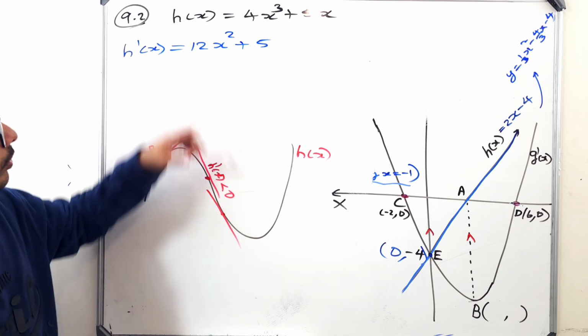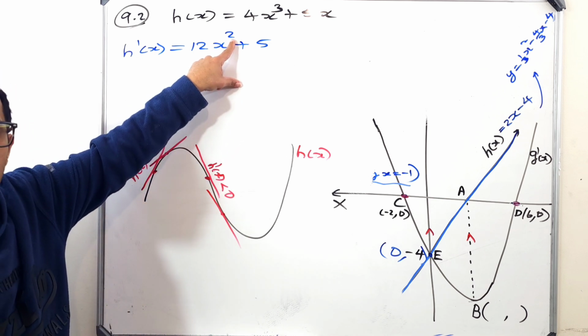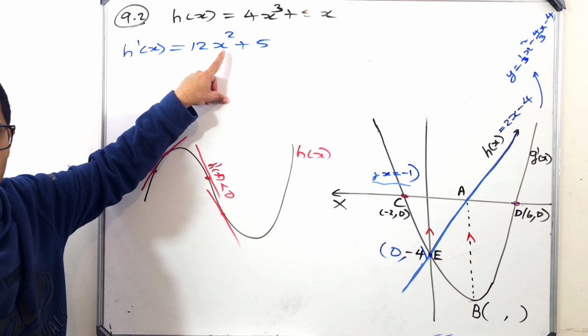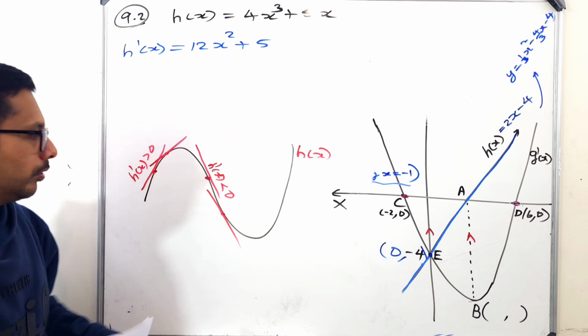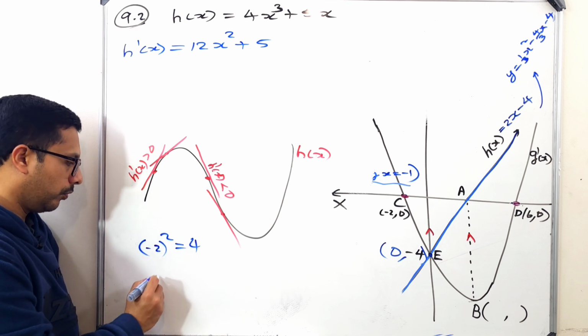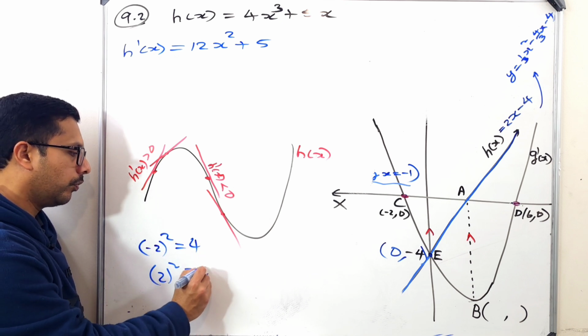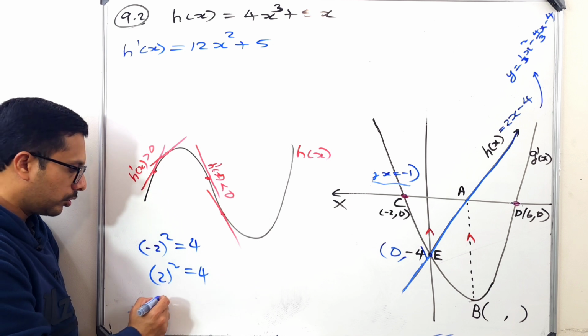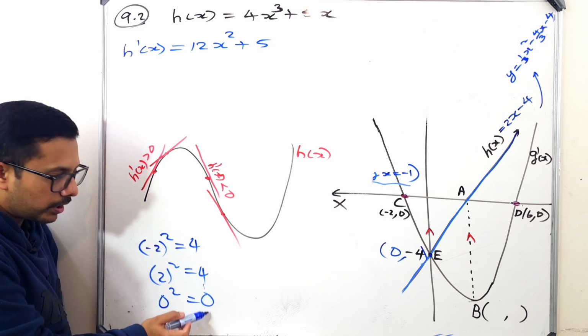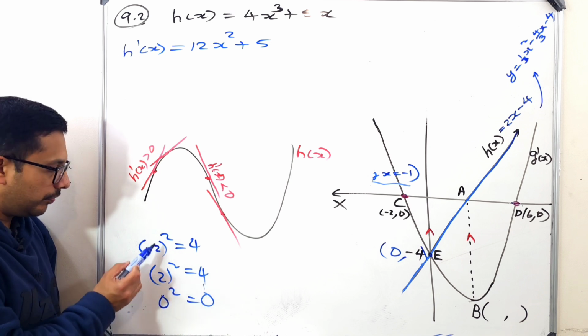Okay, now look at this x squared. Is it possible that a square of something is negative? No, am I right? Even minus 2 squared, what is the answer? Positive 4. 2 squared is 4, positive 4. 0 squared is 0. So this answer is never negative if it is a square.